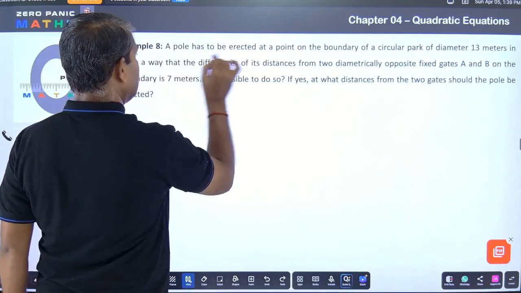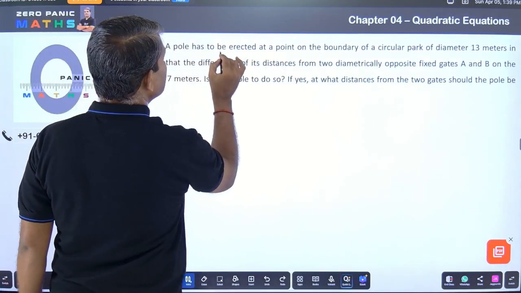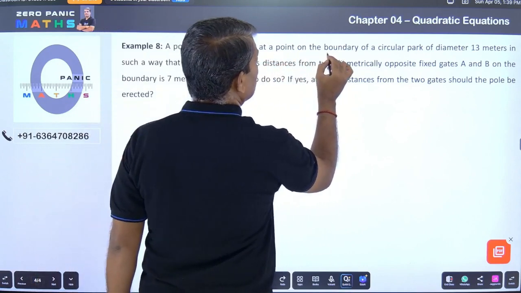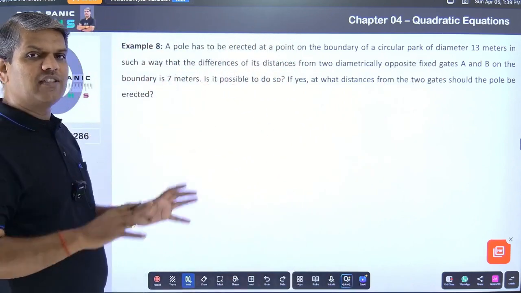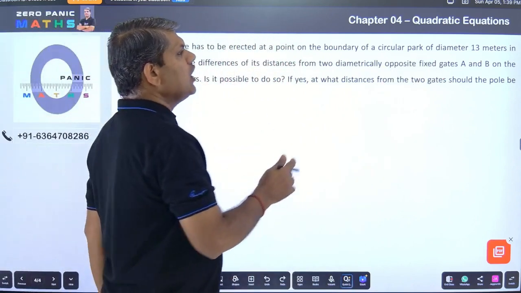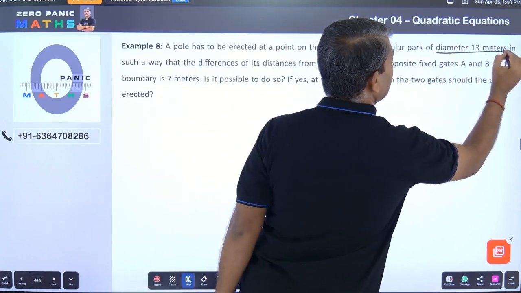Let's read the description. A pole has to be erected at a point on the boundary of a circular park. Okay, there is a circular park. We have to imagine a circular park of diameter 13 meters.